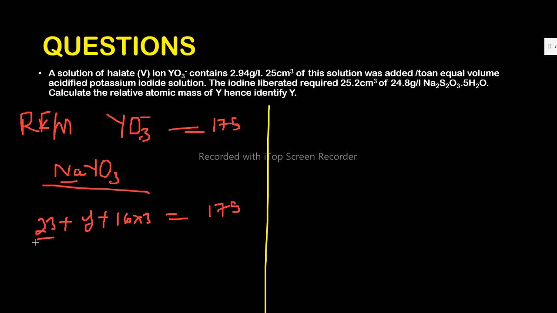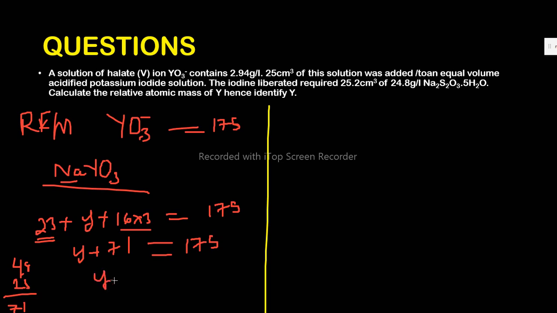So what is this? You get 48 plus 23. This is 71, I think. So Y plus 71 gives 175.